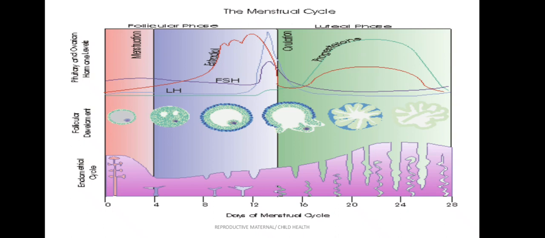Menorrhagia is basically above 80 mils of blood loss. The causes are physiological, or dysfunctional uterine bleeding in 60% of the cases, and also uterine tumors, for example submucous fibroids, endometrial cancer, chronic PID, pelvic inflammatory disease, endometriosis, and ovarian tumors.